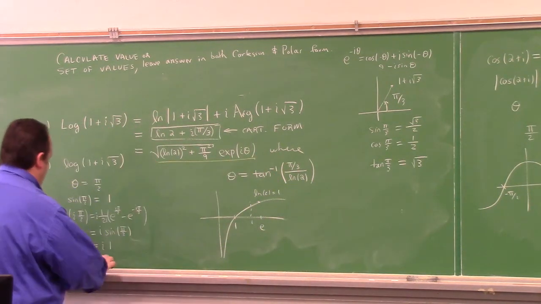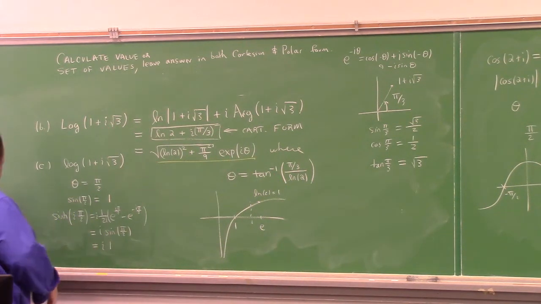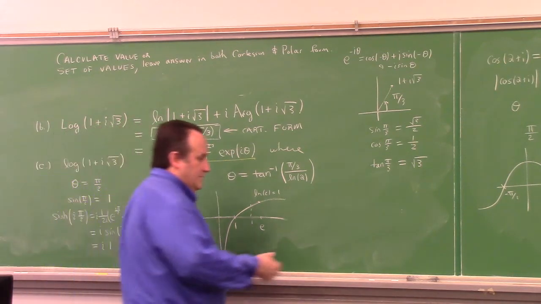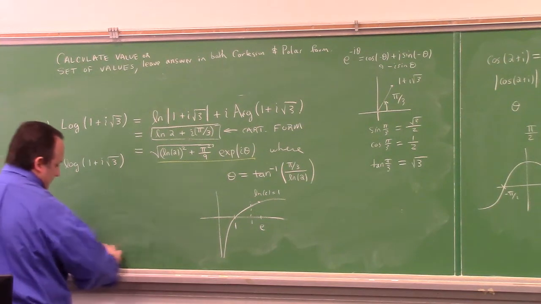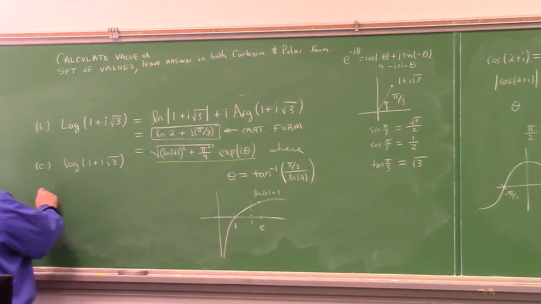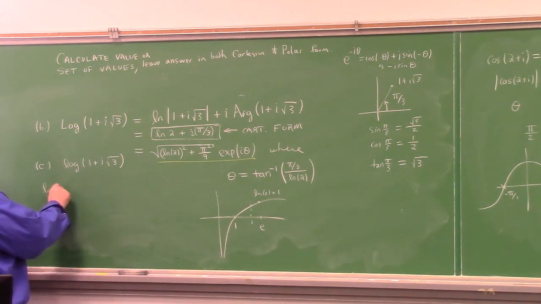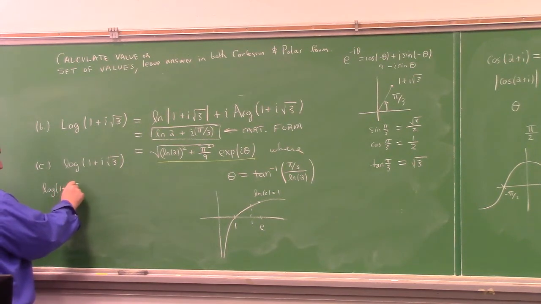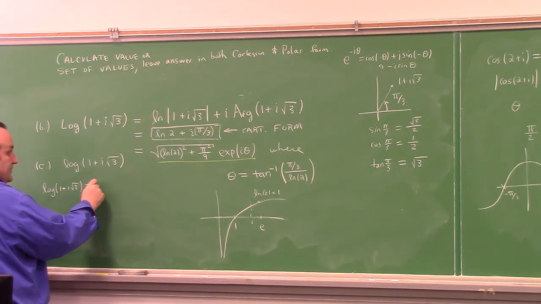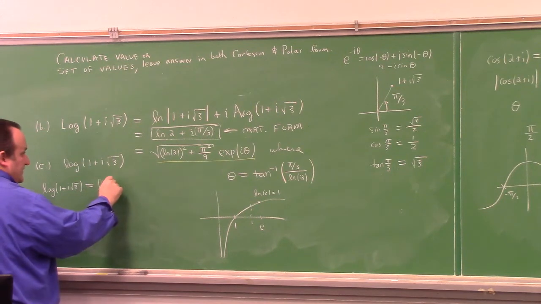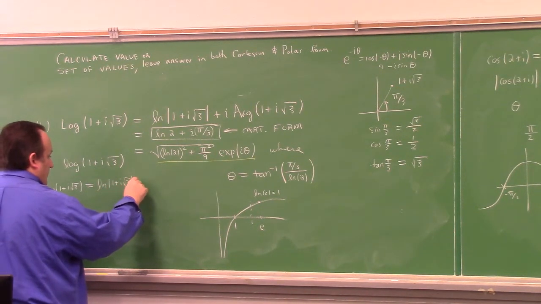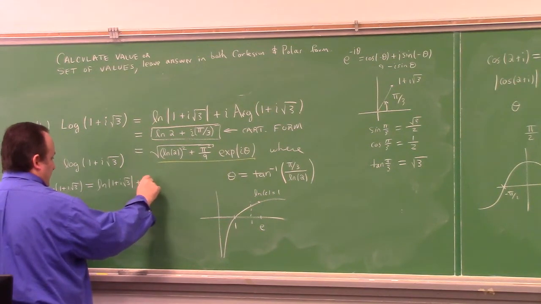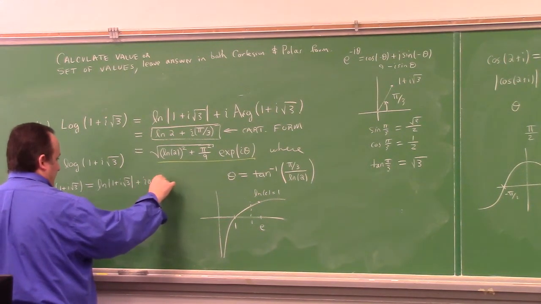Great. Now, how about the other question? What's the little log? Remember, little log is the set of values. And so it is equal to the natural log of the modulus of 1 plus i root 3, plus i times little arg of 1 plus i root 3.